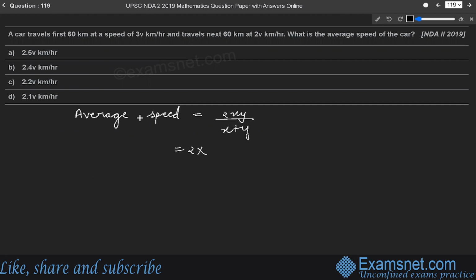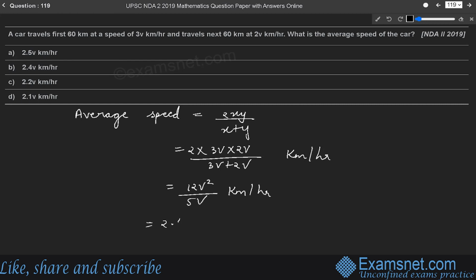So it will be 2 into 3v into 2v divided by 3v plus 2v kilometer per hour. So this will be 12v square divided by 5v kilometer per hour. So this will be equal to 2.4v kilometer per hour. Therefore, we can say that the correct option here is option number B.